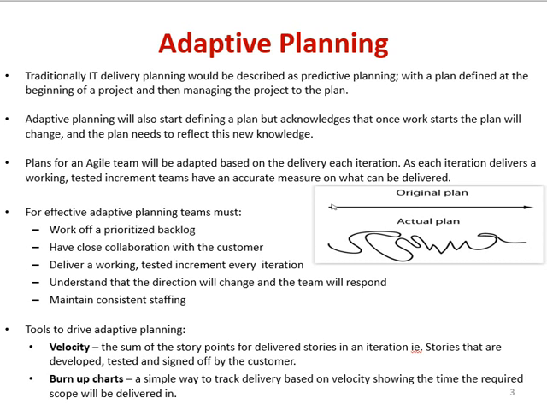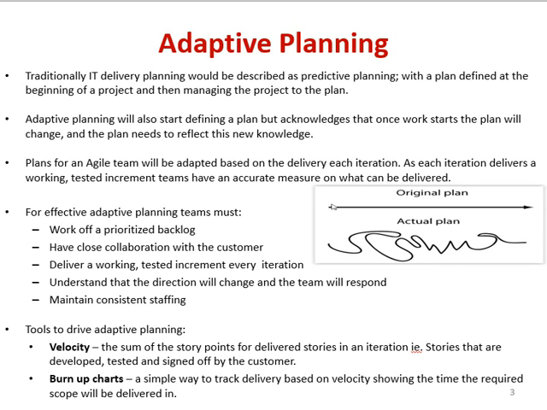If you see the image, we have an original plan which is straight, but the actual plan is definitely not straight. It is hazy, like a thread rolling here and there. This is what is actually followed in the industry. No one can claim that they are following their plan 100% accurately. So we need to make our mechanism strong to have adaptive planning.